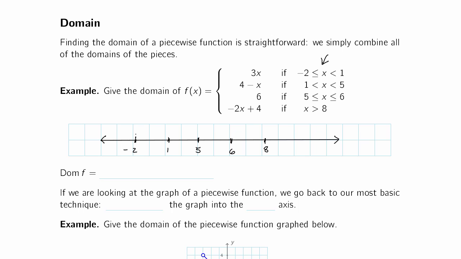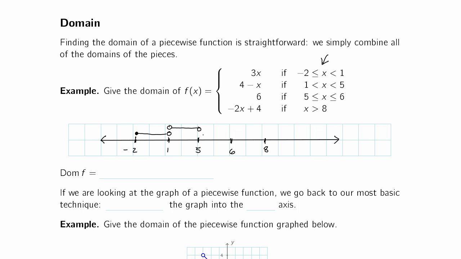My first interval includes -2, but not 1, and includes all the points in between. My second interval doesn't include 1 and doesn't include 5, but includes all the points in between.